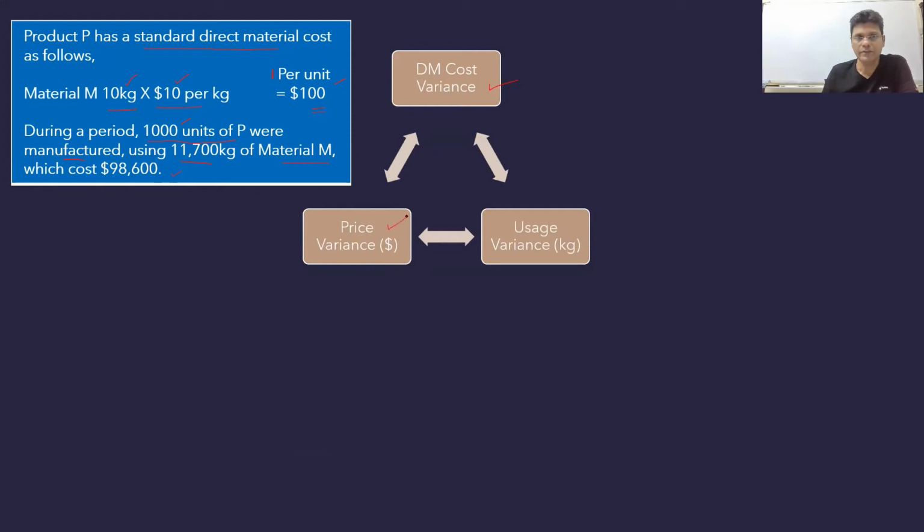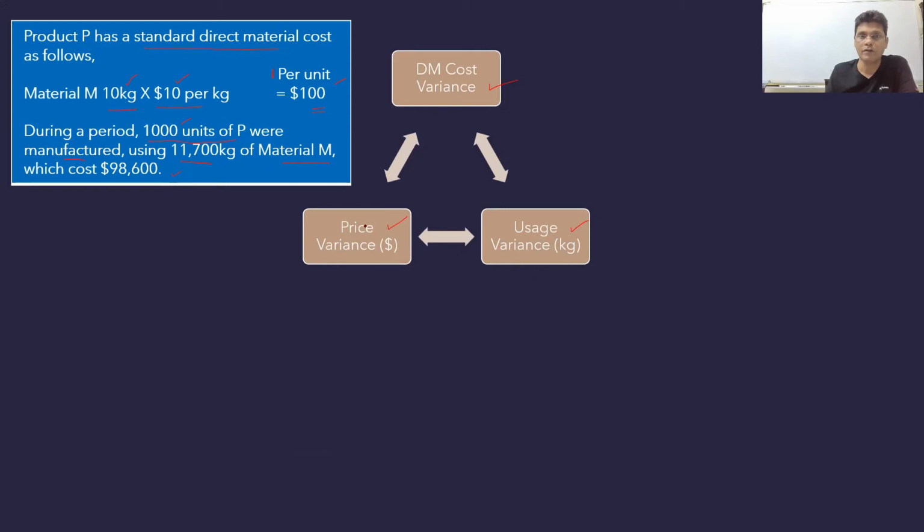The price variance means we compare the standard price and the actual price on the actual consumption.